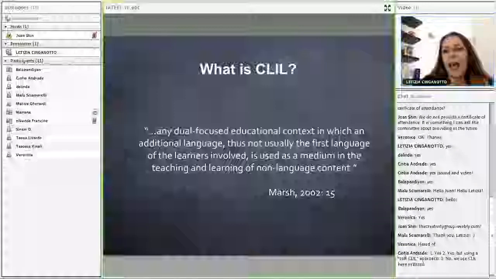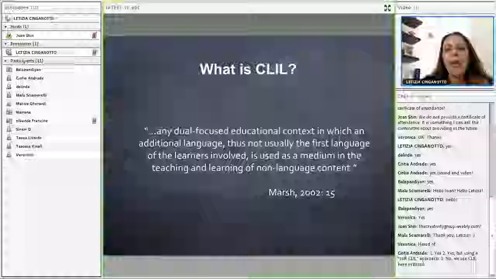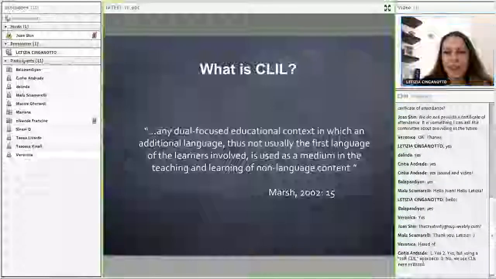In Italy, we took the Anglo-Saxon acronym, of course, but it's becoming more and more popular all over the world. So CLIL is the most popular, but we have some other acronyms, for example, EMILE in France, and some others in other countries.